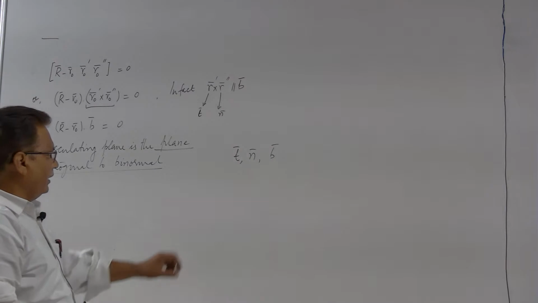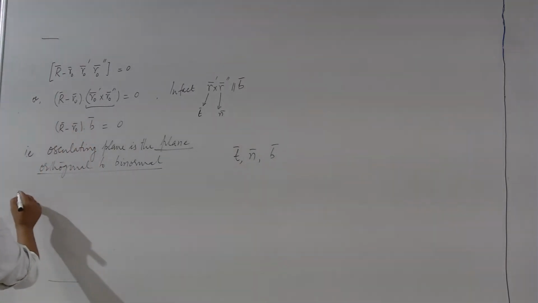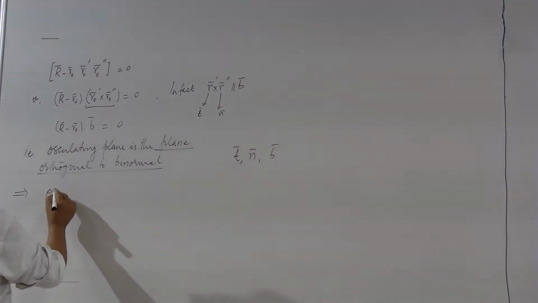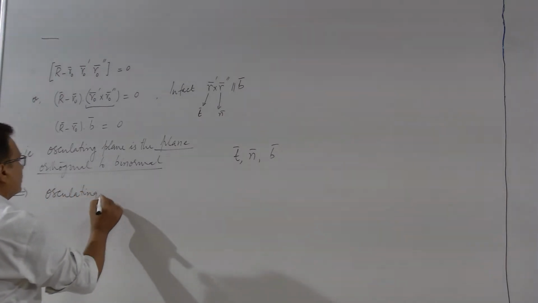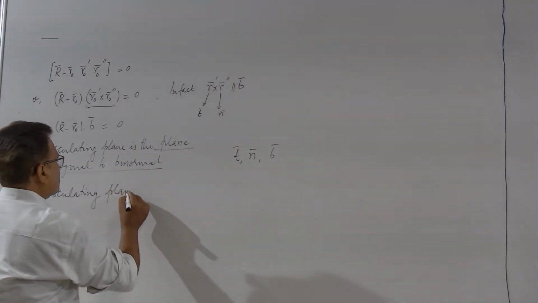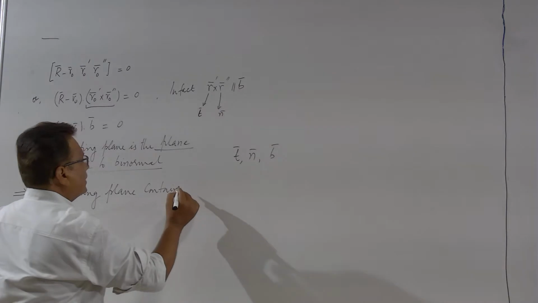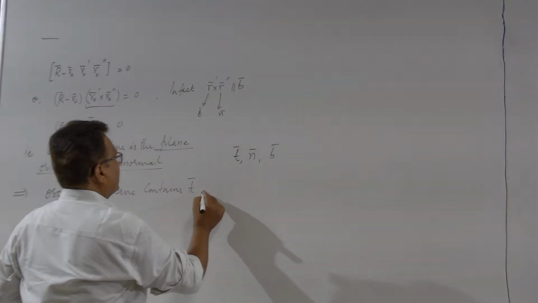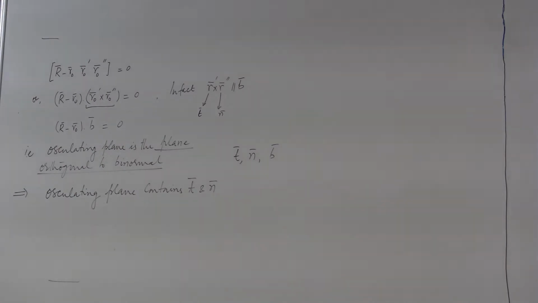So, the plane will contain t and n. So, this also implies that oscillating plane contains t and n, the principal normal and the unit tangent.